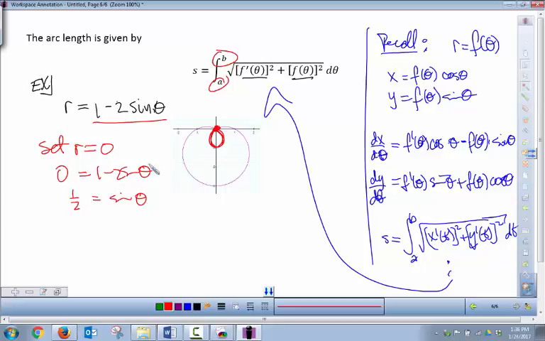So when is sine theta equal to 1/2? So it is equal to 1/2 at a bunch of different angles, and there's an infinite number more. Is this between 0 and 2 pi only? Yeah, this graph is between 0 and 2 pi.